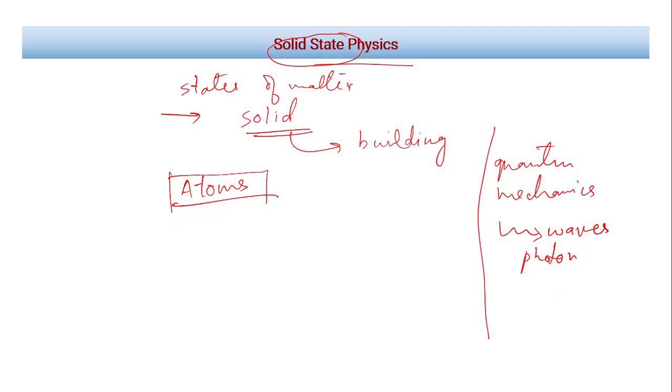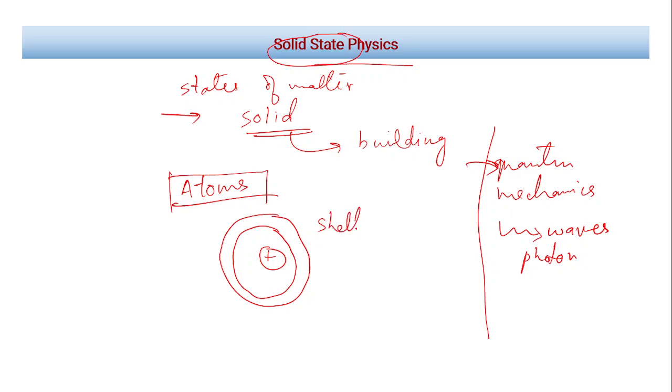But here we keep the discussion very basic, until we go to quantum mechanics, what we understand is how atoms look. We have a positive core, which is called the proton, and then we have, invisible, this is just for our understanding, something like a circular orbit around the proton, which we call shells.